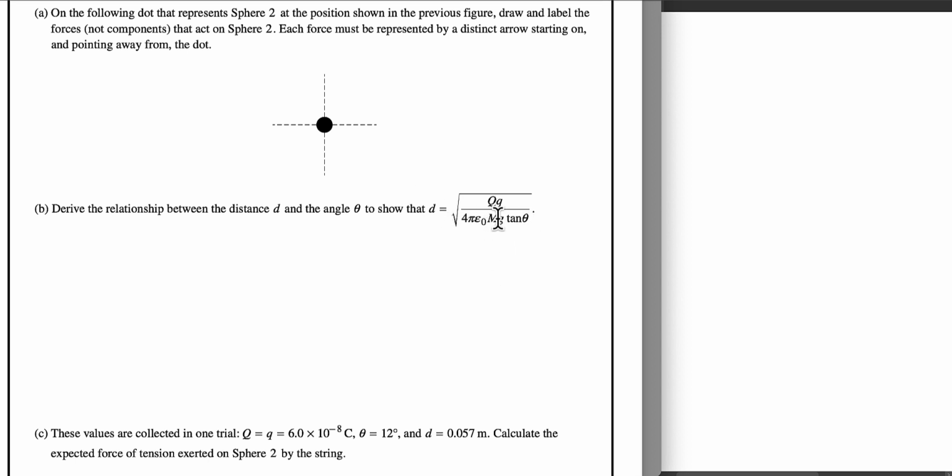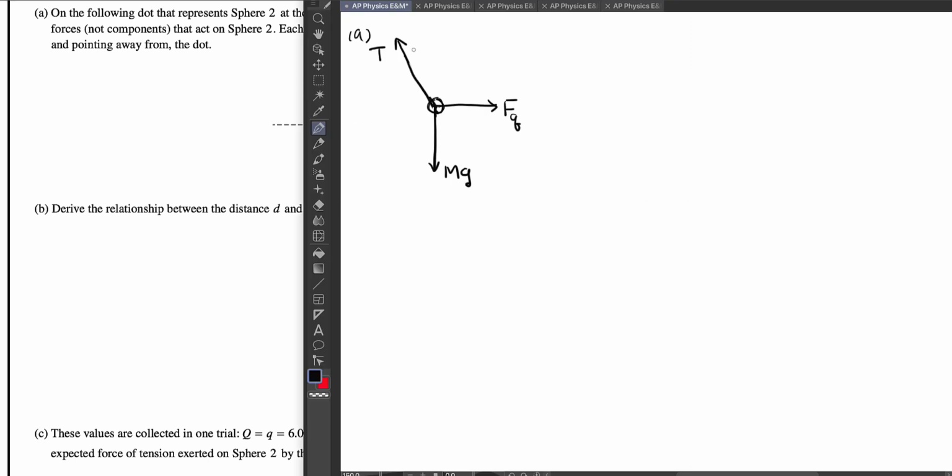So we need to derive this equation right now. Okay, so let me put some angles on the diagram. So here is angle theta. Okay, and the whole system is at equilibrium.